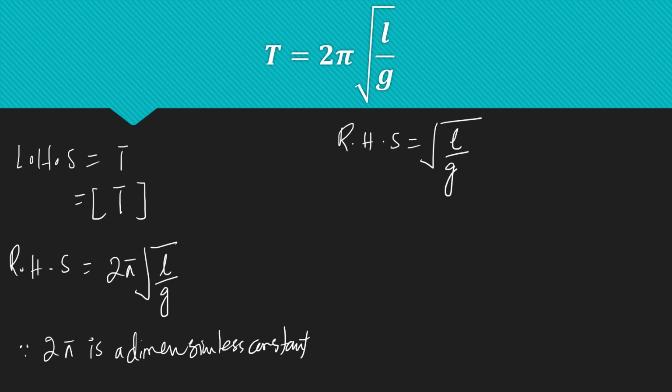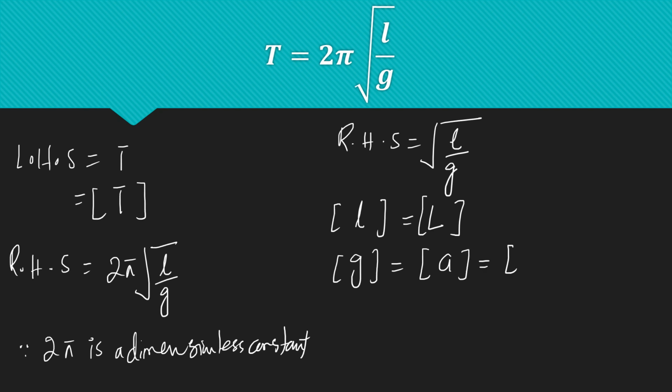Okay, now what is L? The dimension of length is again L. And what is G, students? G is acceleration due to gravity. So the dimension of G is the same as acceleration, which is L T minus 2. After substituting this in the equation, it will become under root L over L T minus 2.